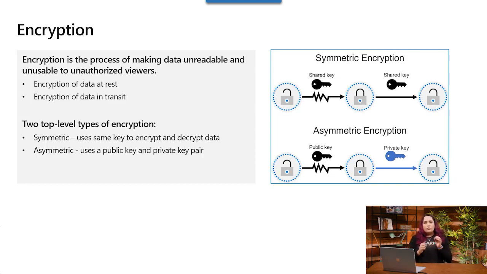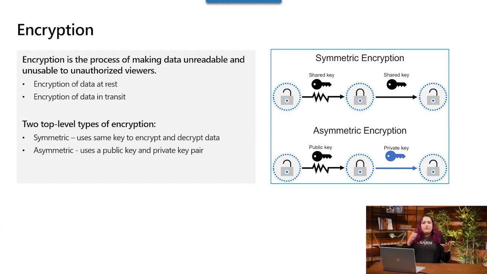Symmetric encryption is where you're using the same key both to encrypt and decrypt the data. But with asymmetric encryption, you're going to have two different keys, a public key and a private key. Both of these keys can encrypt the data, but only the private key can be used to decrypt, or what we call unscramble, that data.